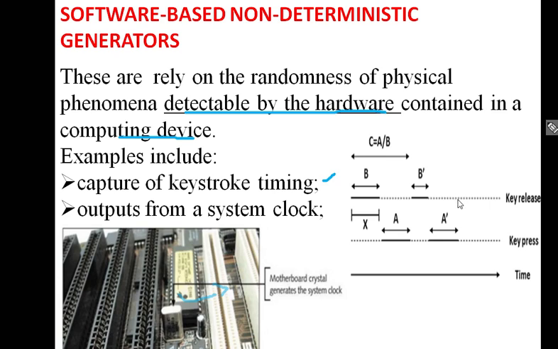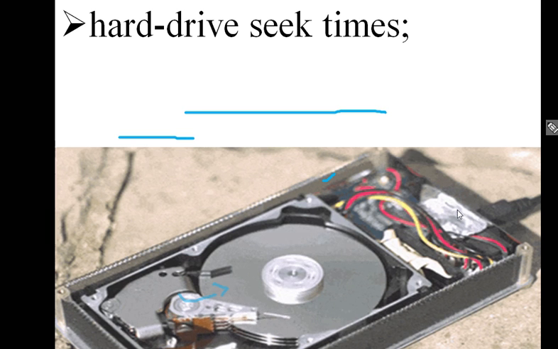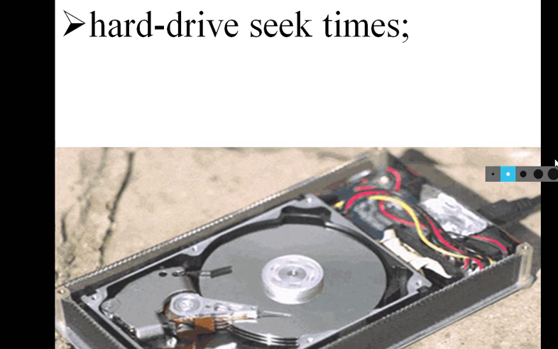Here the software will generate randomness with the help of a hardware device. A hardware device is necessary. And hard drive seek time. So this is your hard disk.